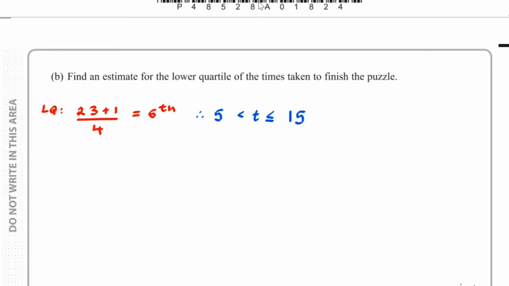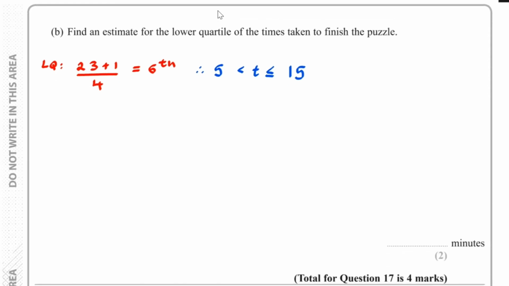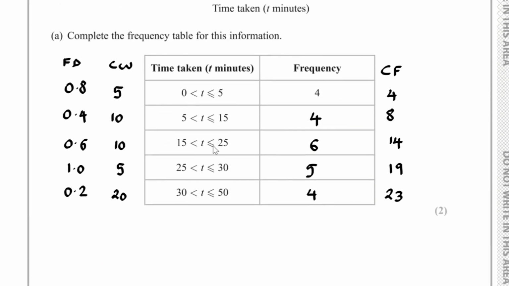So if we create a diagram to help us do this question, we want to find the lower quartile, we'll call it Q1. So we can see that there are 4 pieces of, well, let's add on our intervals.